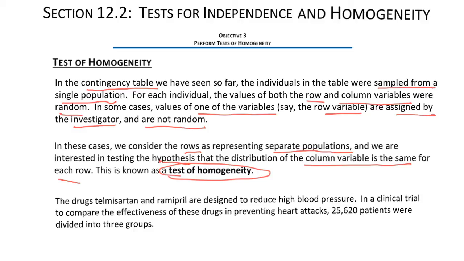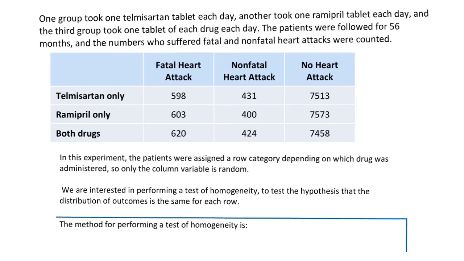In a clinical trial, we need to compare two drugs to check the effectiveness of these drugs in preventing heart attacks. So 25,620 patients were divided into 3 groups, and one group took one kind of tablet each day, another took another tablet each day.